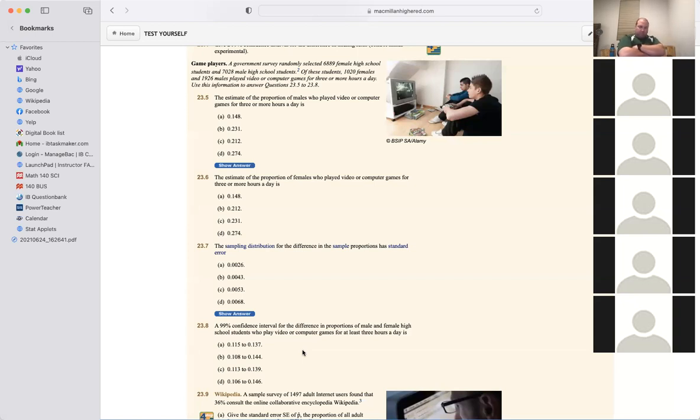I ended up getting B if I switch my negatives and positives. I got 0.1084 to 0.14357. Did everyone get that? Yeah. Everyone else, the silent majority?